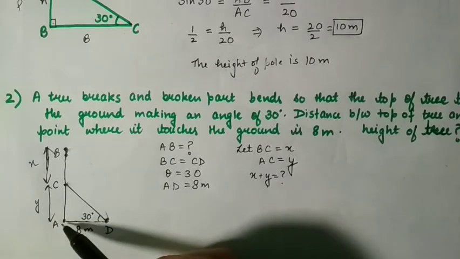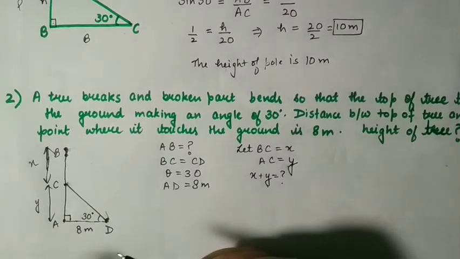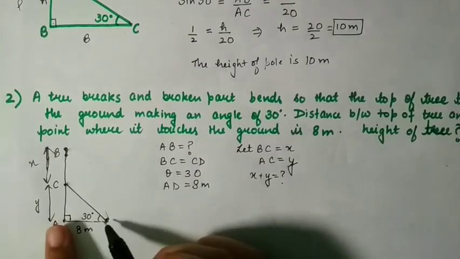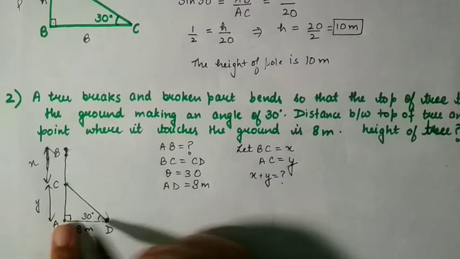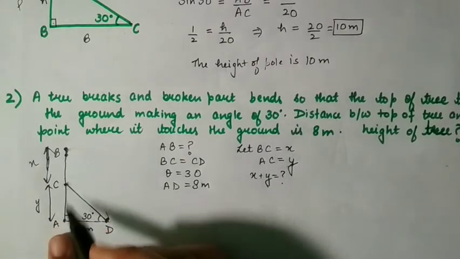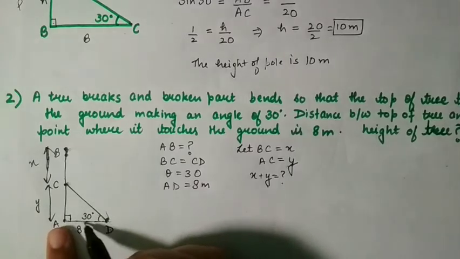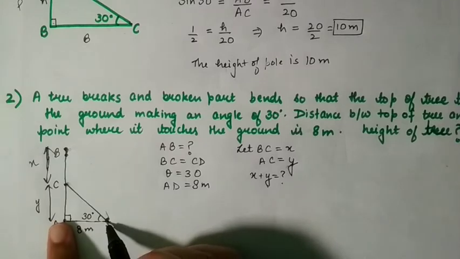See the triangle ACD. This is a right angle triangle. Now from here we know just the length of one side, AD. AD is the base. You can see this is theta, this is 90 degrees. So AD will be the base, CD will be the hypotenuse, and AC will be the perpendicular. So now we know the length of AD, that is we know the base.